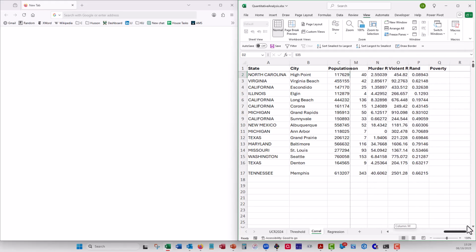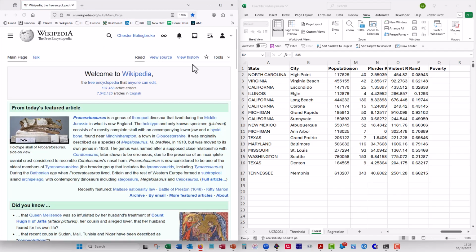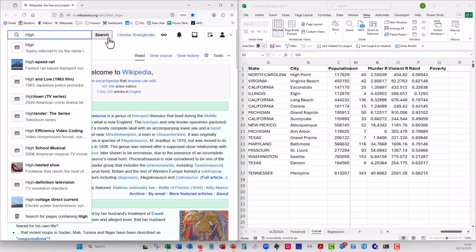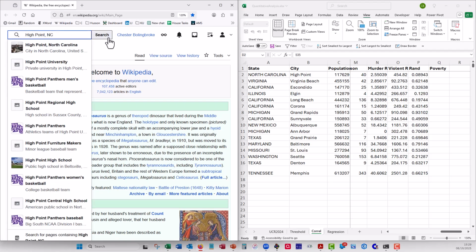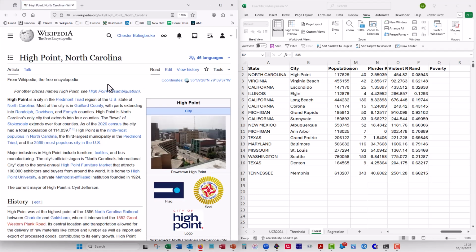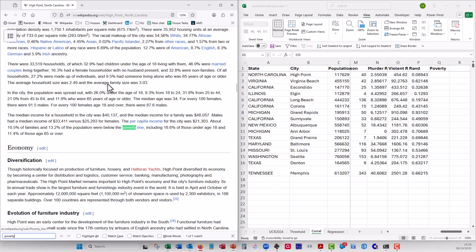Okay. So what I'm going to do is go and look at Wikipedia for High Point, North Carolina, and search for poverty.